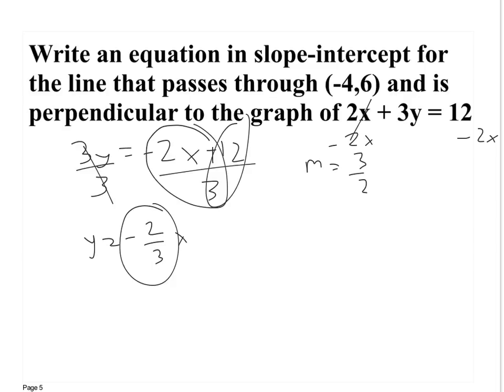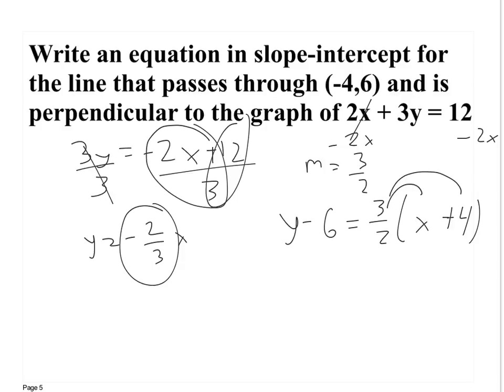Y minus y1 equals m times x minus x1. So y minus, what would be y1? 6. My m is 3/2. It's the negative reciprocal of the other one, which was negative 2/3. And then x minus negative 4, which becomes positive 4.